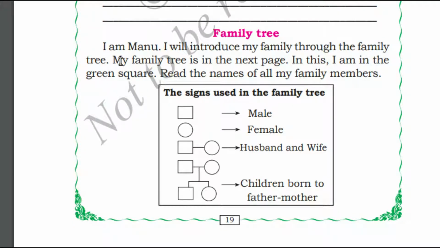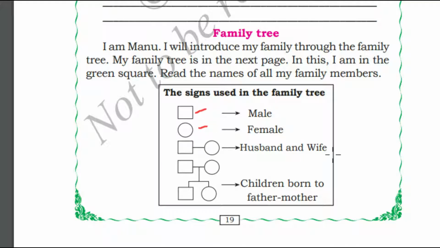Family tree. Let us imagine there is a person called Manu. Manu is introducing his family. Before moving on to family tree, let us see what are the notations or signs used in the family tree. We will use a square or a rectangle for male, circle for female.